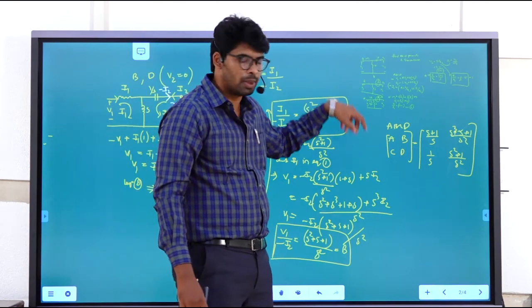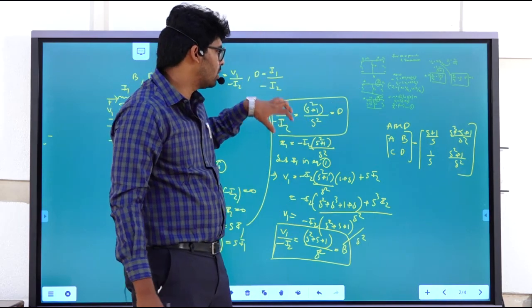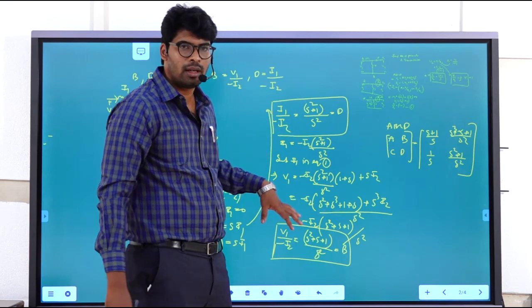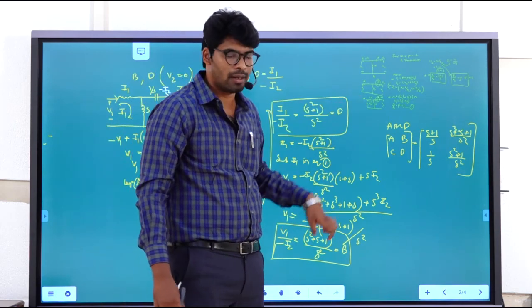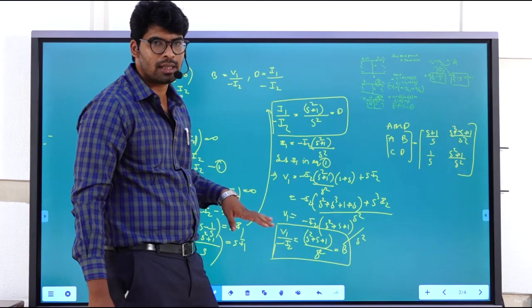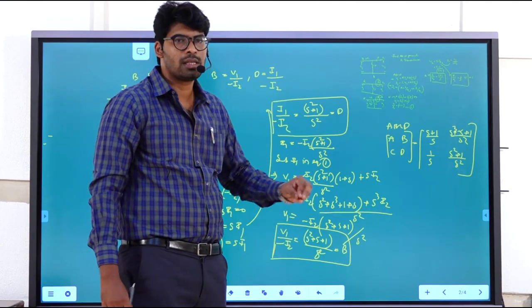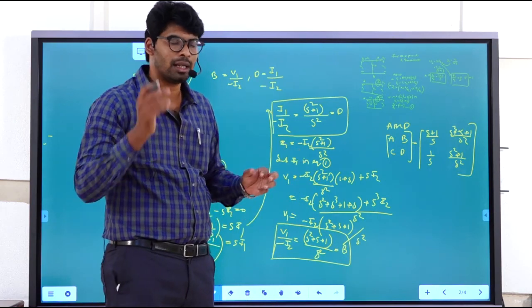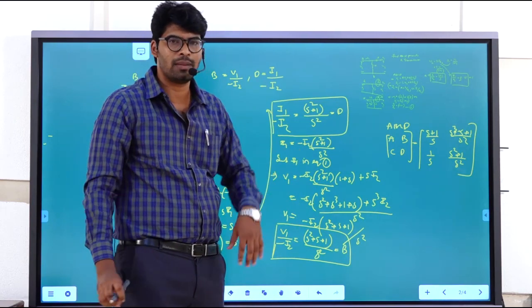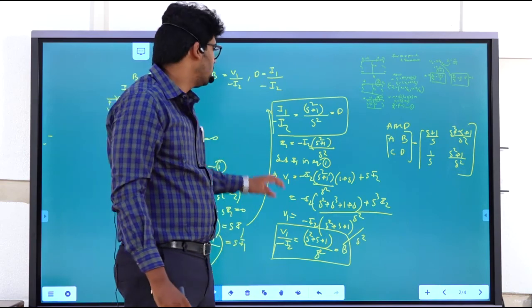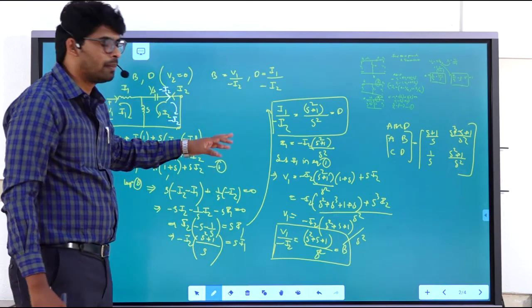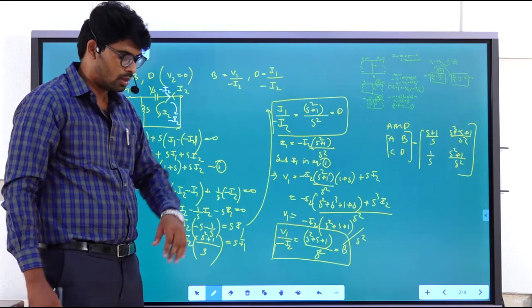That is very simple. But if the examiner asks you to find ABCD parameters without any interrelations, then you need to find all these things. In case you forgot how to interrelate the ABCD parameters with the Z parameters, you can also easily do it in this format. So thank you guys.